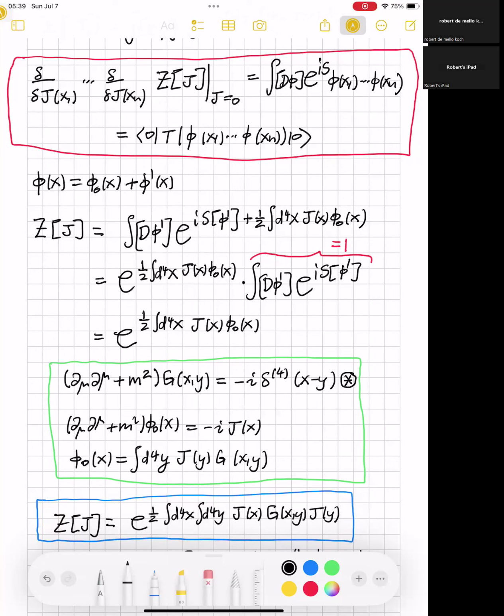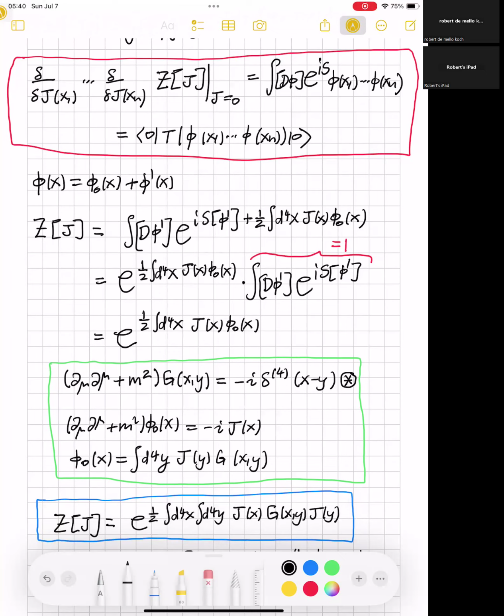Well, we studied a one-dimensional integral, and we learned how to do the integral. Basically, by shifting, it looked very much like a Gaussian integral, and then we could actually perform the integral. So we repeated that same logic for the path integral. And the shift of the integration variable that we had to perform was that phi of x is equal to phi naught of x plus phi prime of x.